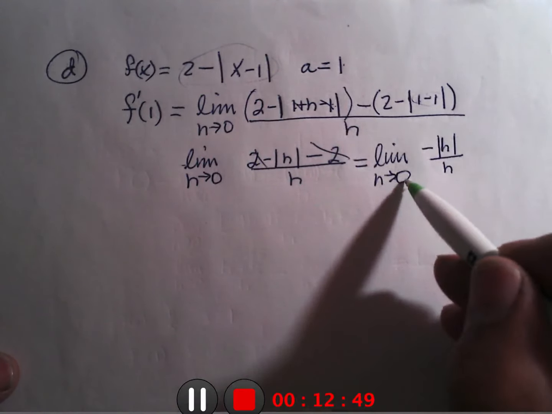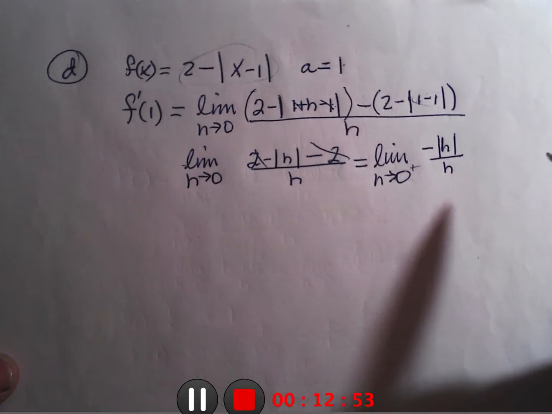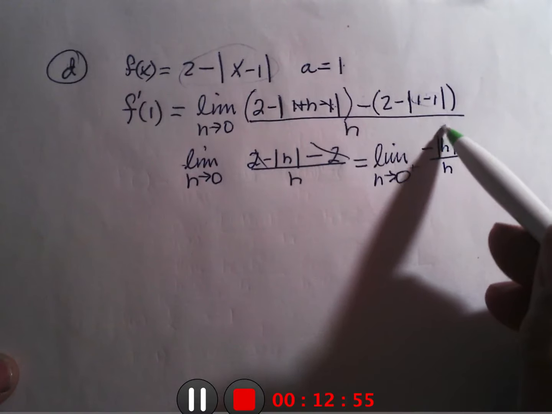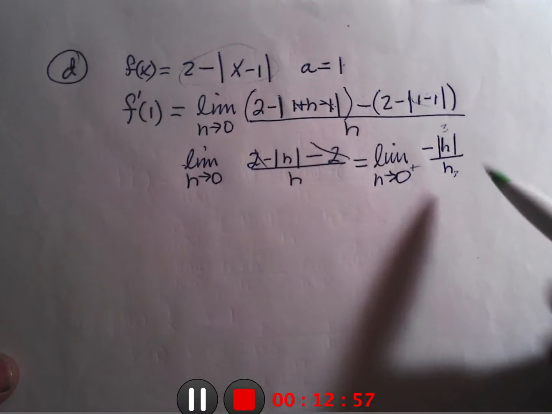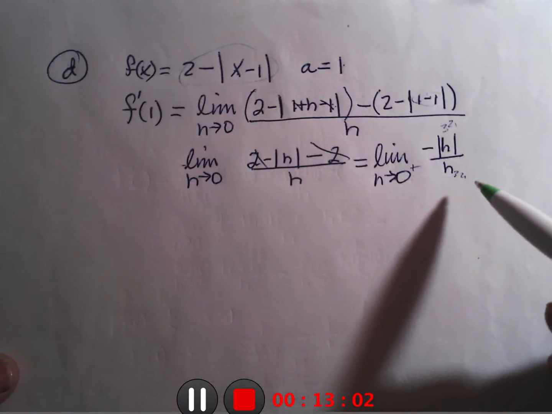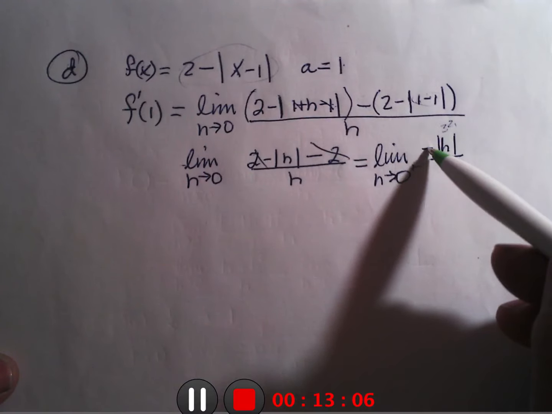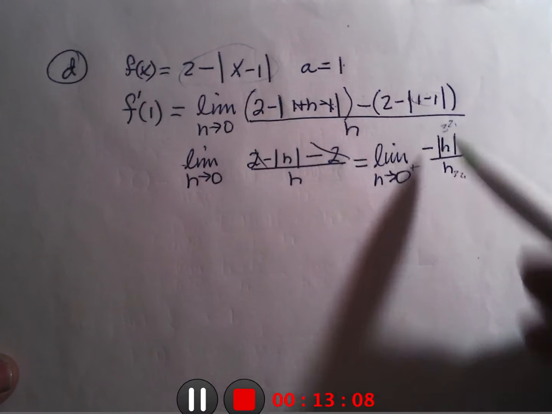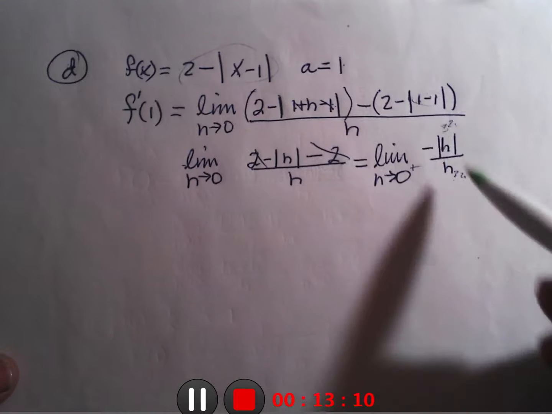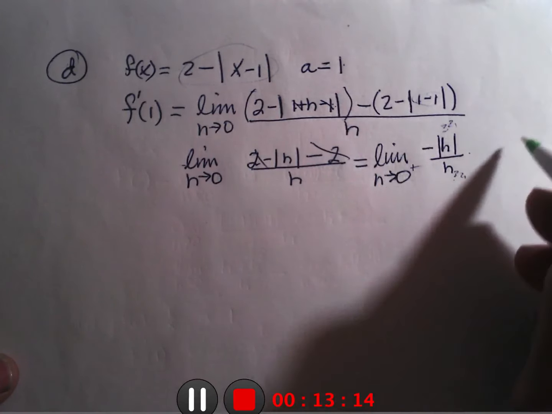Well, let's come in from the plus side, like 3 or 2 or 1. And so the absolute value of 3, 2, 1 is 3, 2, 1. And we've got a negative, so it's going to be negative 3 over 3, or negative 2 over 2, or negative 1 over 1. So those all, from the plus side, we get negative 1.